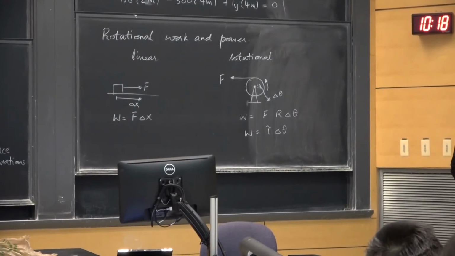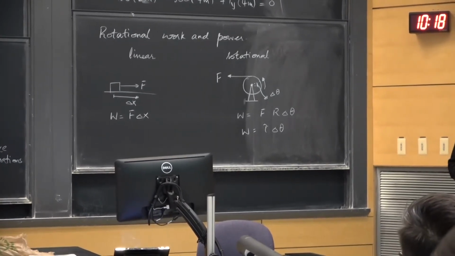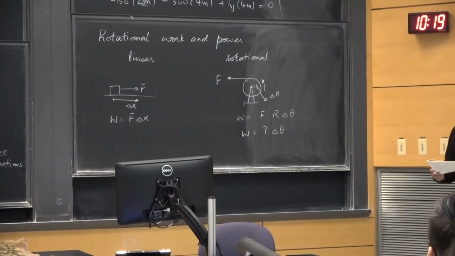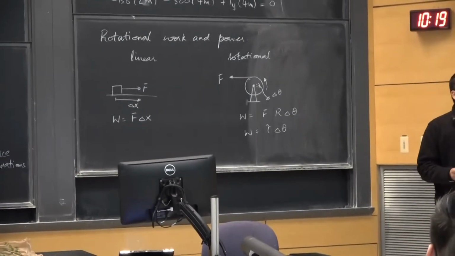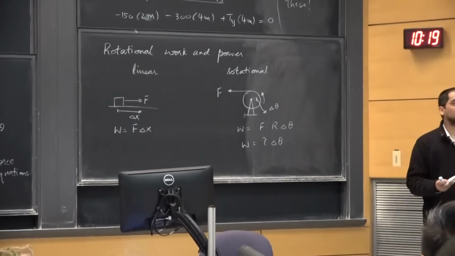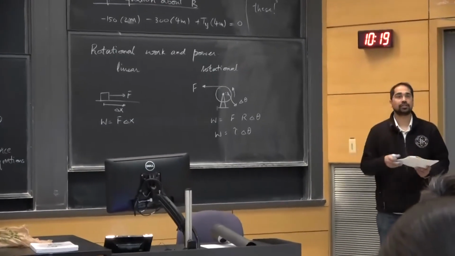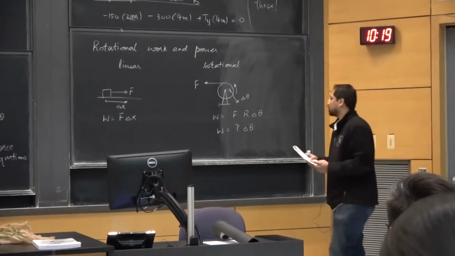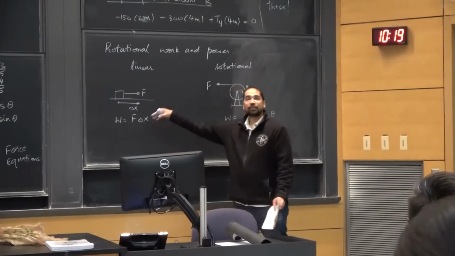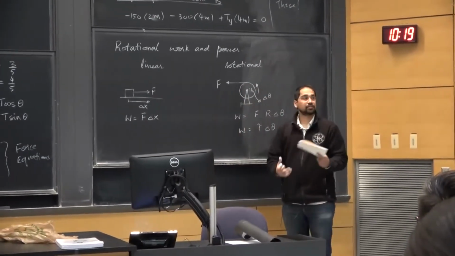And this is a nice thing because we can do a lot of things by analogy, right? Force is the agent that causes an object to speed up or slow down when we're talking linear motion. Torque is the thing that does it for rotational motion. So our analog for displacement or distance traveled in a rotational context is the angle.